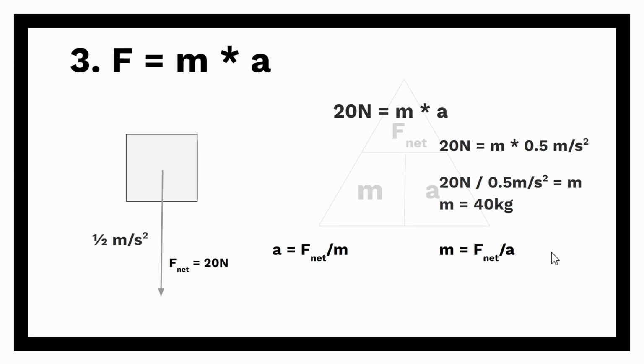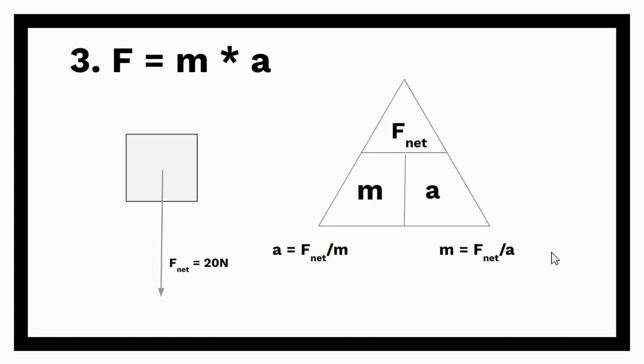So now I like to use this triangle, and I'll be honest, I use this just about every time we have a test like this, when we're trying to find something other than just force, okay? Because it's easy when you have mass and acceleration, you just multiply them. But what this triangle does is it gives you an easy way to say, okay, if I'm looking for force, I cover it up, and then what's left is mass times acceleration.